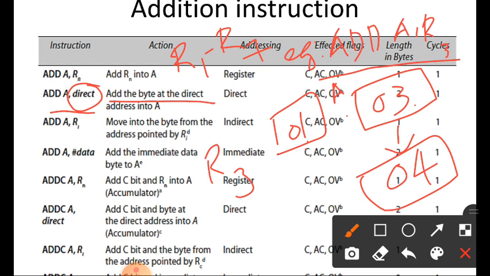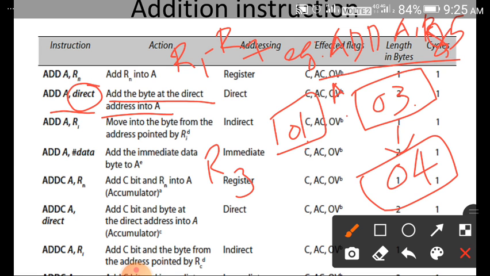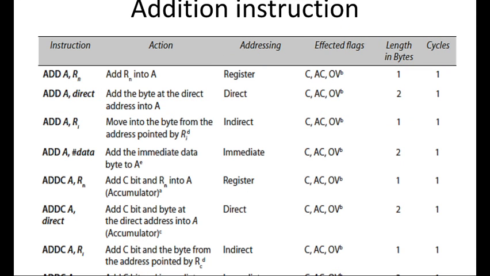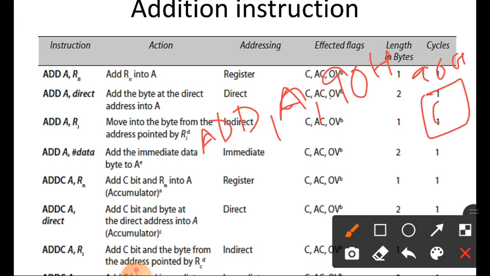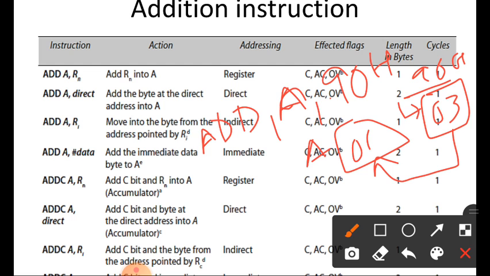So add the byte at the direct address into A. For example, ADD A comma, instead of R3, we specify 90H. 90H represents a port, containing data 03, and the accumulator contains 01. So the data at this address will be added with 01, and the accumulator content will be changed to 04.